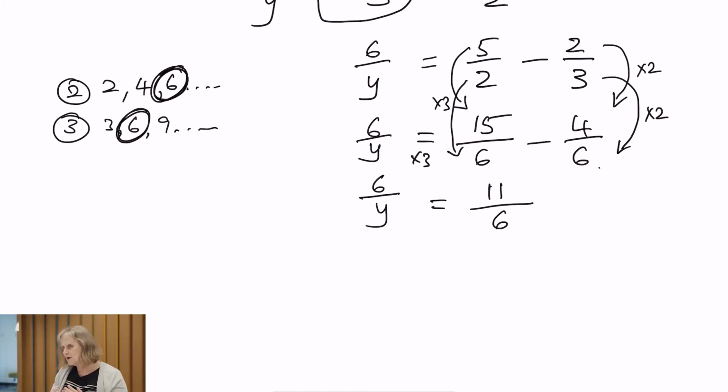Now we have something extra here, another technique that we can use in math. We have a fraction on the left-hand side, 6 over y, equal to another fraction on the right-hand side, 11 over 6. Whenever we have a fraction equal to a fraction, we can use the technique of cross-multiplying.